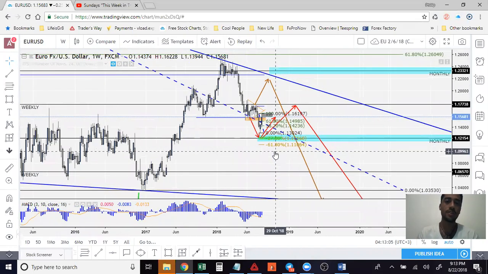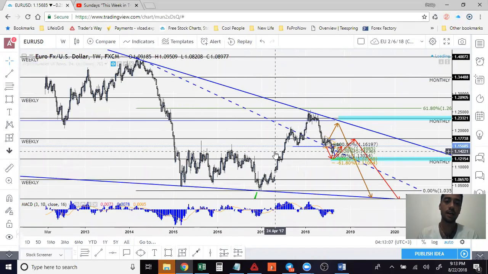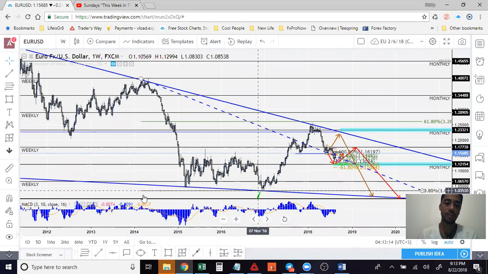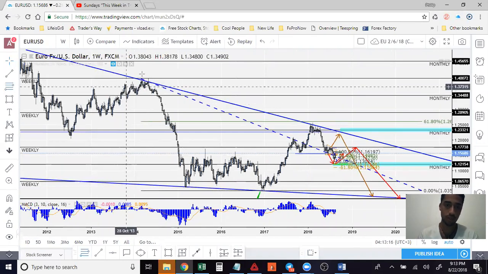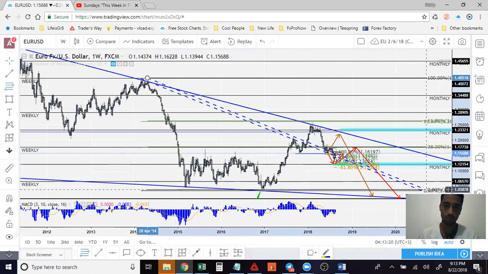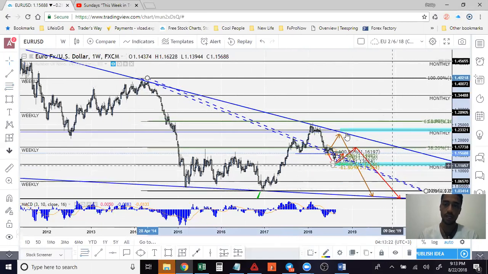So what do we see? We can see this lower high over here, right? From point A to point B, and I'll just pull out my fibs real quick. Point A, then point B, right?